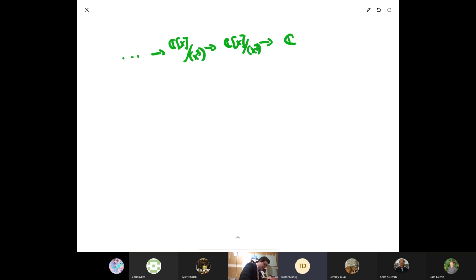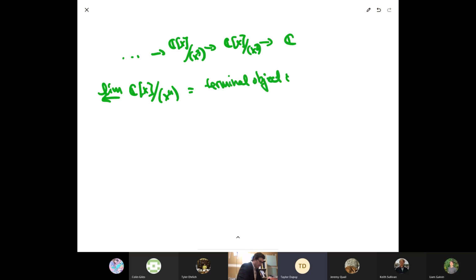And then you take the terminal object in the category of cones. So this thing here, mod x^n, is the terminal object in the category of cones over the diagram, right?